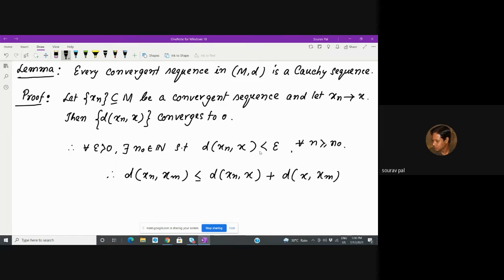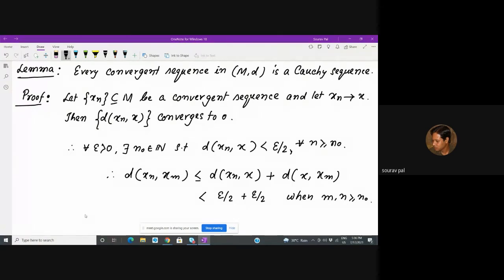And as you see, you can take epsilon by 2. So this is less than epsilon by 2 plus epsilon by 2 when both m and n are greater than or equal to n naught.